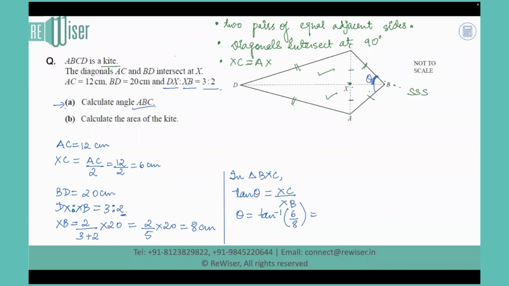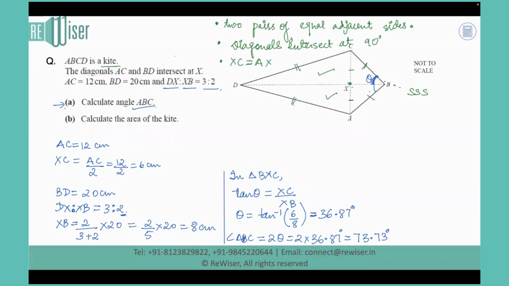So here we can figure out this angle, which comes out as 36.87 degrees. And since we know angle ABC is equal to 2 times theta, 2 times 36.87 degrees will give us 73.73 degrees. We have solved the first part of the question.